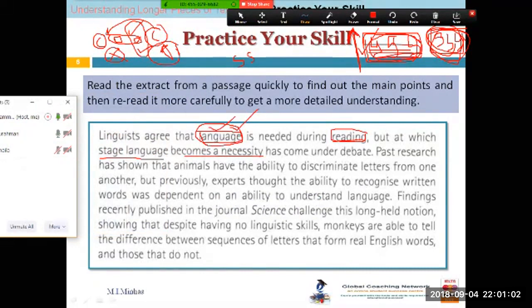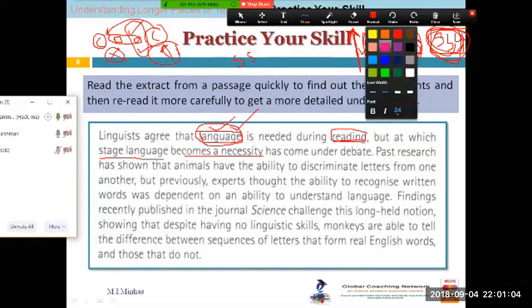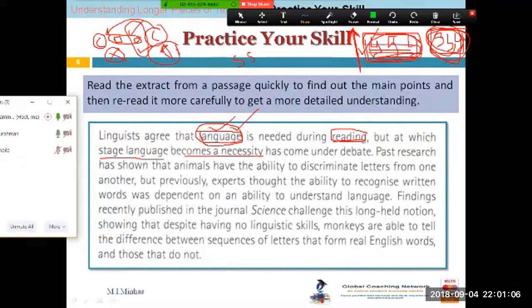Okay, now some think that even to differentiate between these two words, you should know the language. But others think that you don't need to know the language to differentiate between these words.